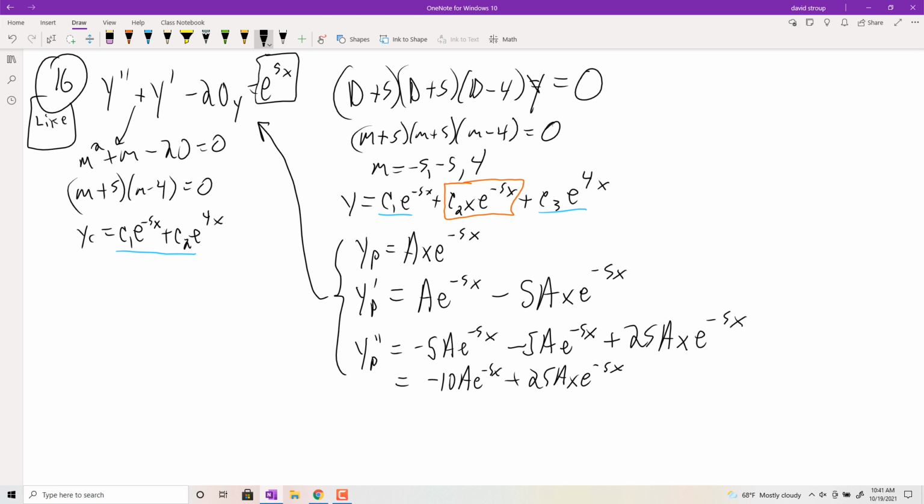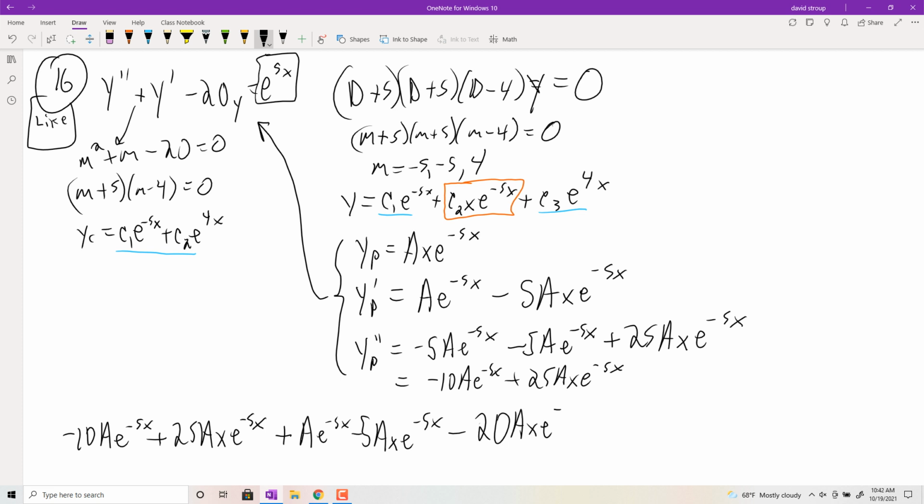So I have y double prime, which is negative 10a e to negative 5x plus 25a x e to negative 5x, plus y prime, a e to negative 5x minus 5a x e to negative 5x, minus 20 times y, so minus 20a x e to negative 5x, and supposedly this all equals e to the 5x.